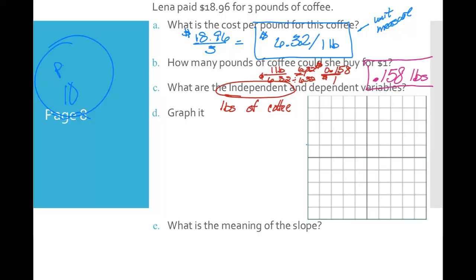Did anybody have it as the independent is the cost? Because for some businesses, they really have to look at the cost of the coffee and what it costs them, and then how much they can give you for that.